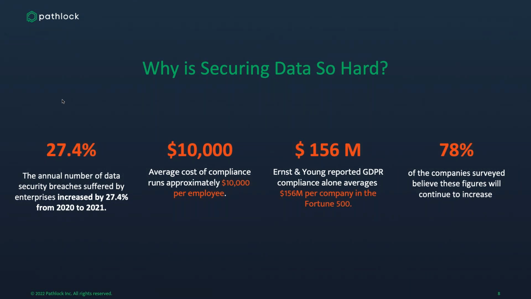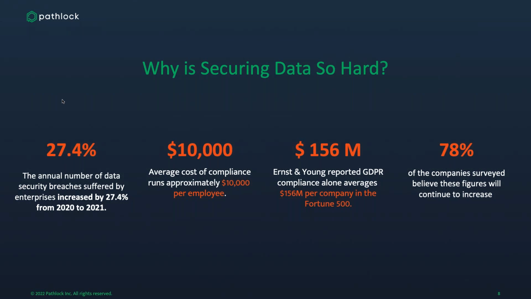If you look at the average cost of compliance, it runs approximately $10,000 per employee. E&Y, Ernst & Young, reported that GDPR compliance alone averages 156 million per company in the Fortune 500. That's expensive. That's a lot of money. And when you think about GDPR and some of those other compliance regulations, that's not a technical problem.